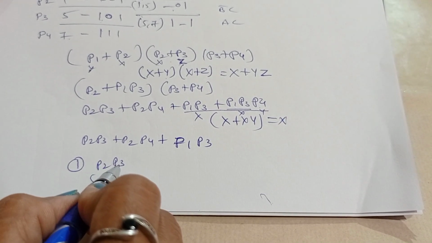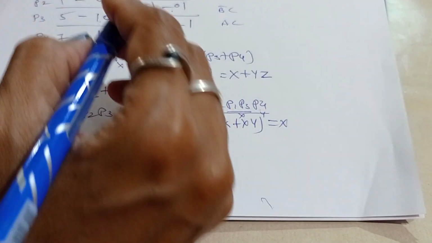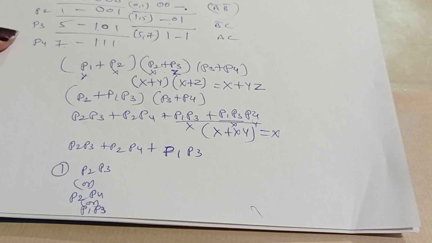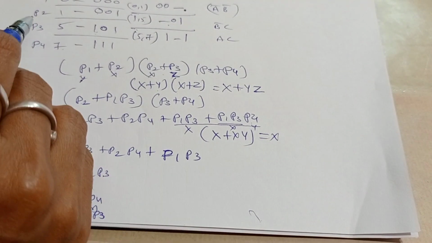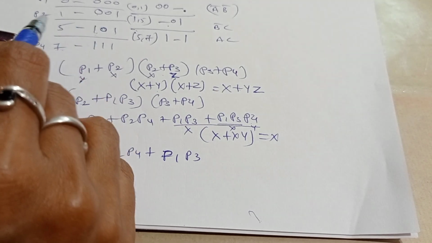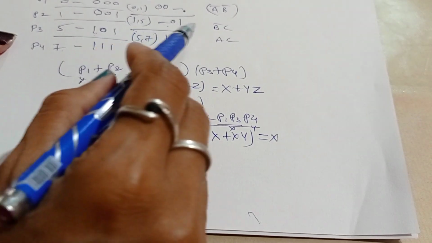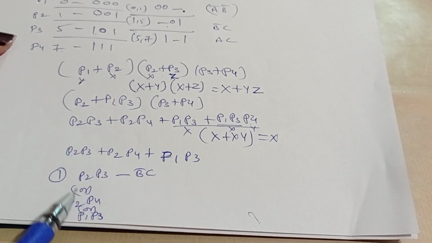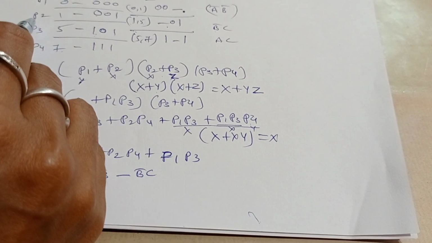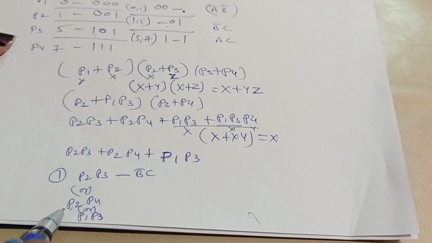P2 P3 means, what is P2? P2 is 1, P3 is 5, 1 5, that means B bar C. P2 P3 is B bar C. Next, same as P2 P4: P2 is 1, P4 is 7, 1 7 is not existing, so this is not there.